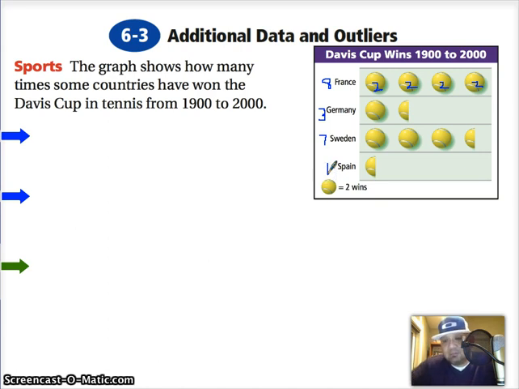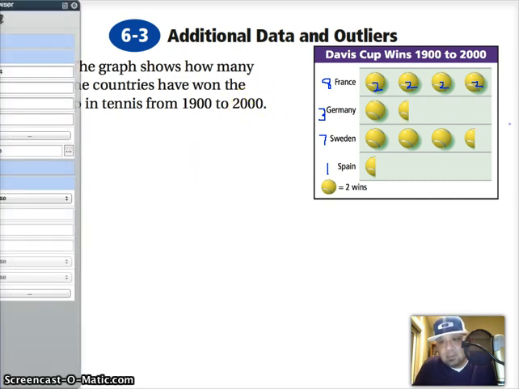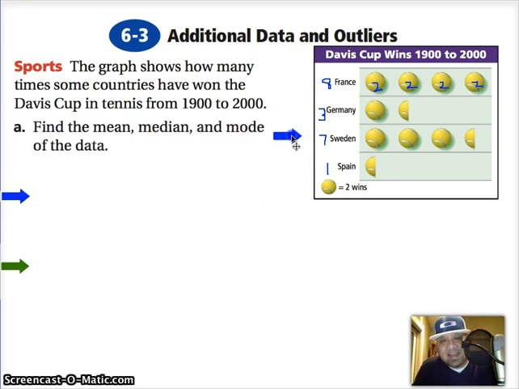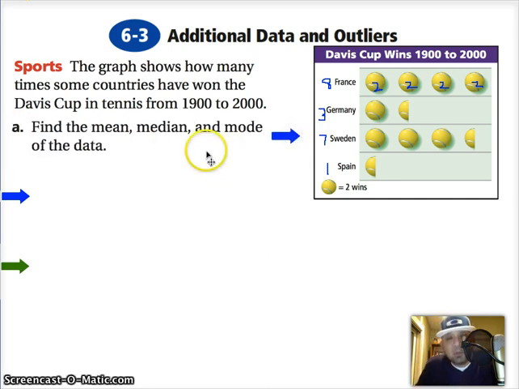Now, in terms of the questions, we're going to first look at the data alone. Find the mean, median, mode of the data. So let's go ahead and take the mean. If you recall, the mean is adding the data together and then dividing by the number of values we have.